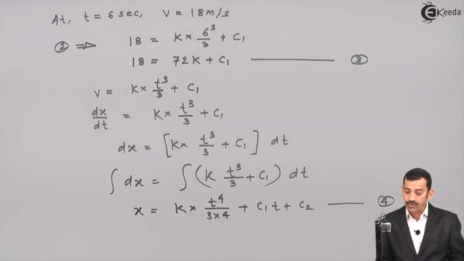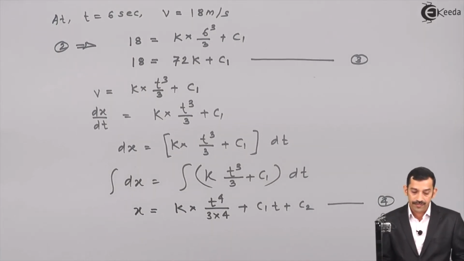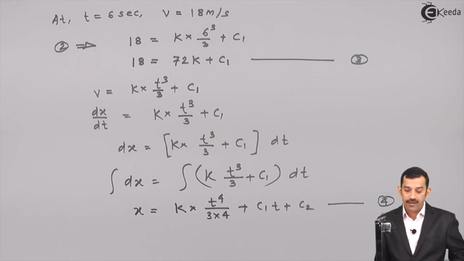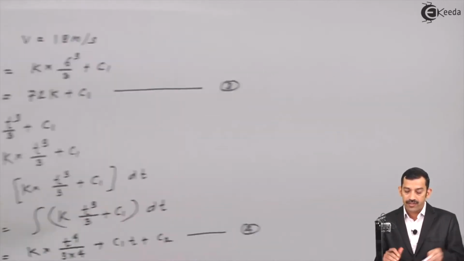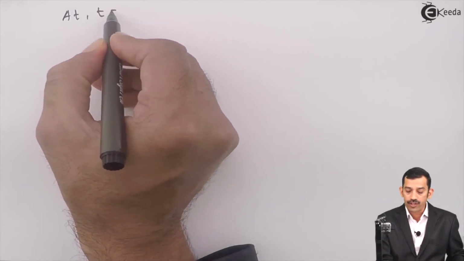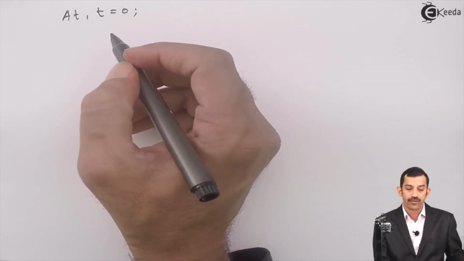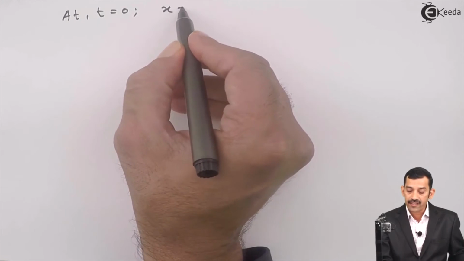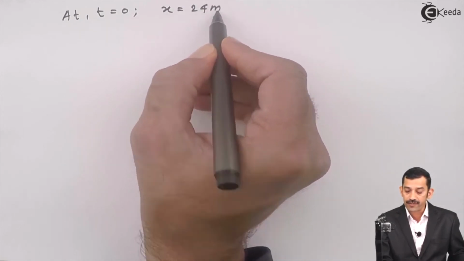Now, using this equation of x as well as equation number 3, you have to find c1 and k. For that, what condition is given in the problem? Position is given at different time instances. Initially, at t equal to 0, the initial boundary condition, x is given as 24 meters.